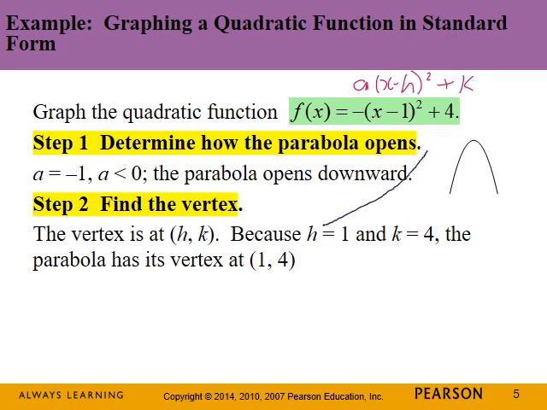The h is right here, and then your k is right here. So you will get your ordered pair 1, 4 as your h, k, and that is the point that represents the vertex. Please keep in mind that h is an x value and k is a y value.